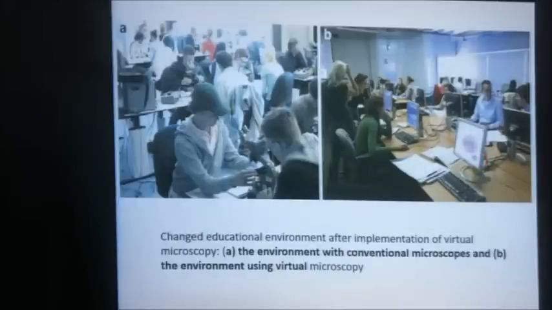Just to make it easy for you, imagine that you have a cytology slide. You cannot have another copy, it's just one copy, so you cannot give all of these students the same slide. But with virtual microscopy, if you have this scanned on the computer, all of these students can see the same slide.